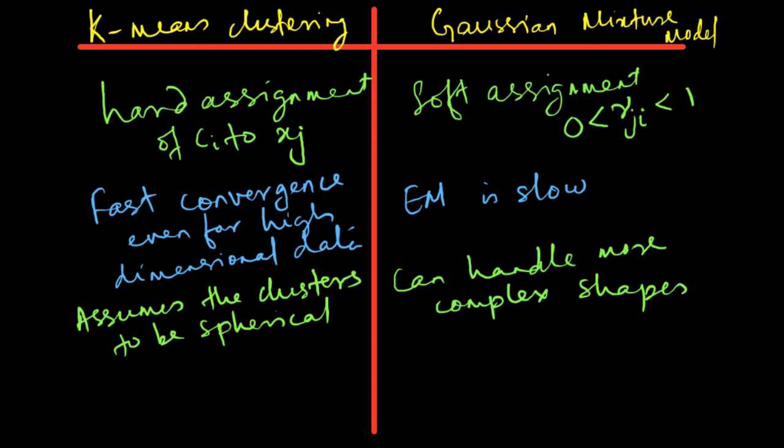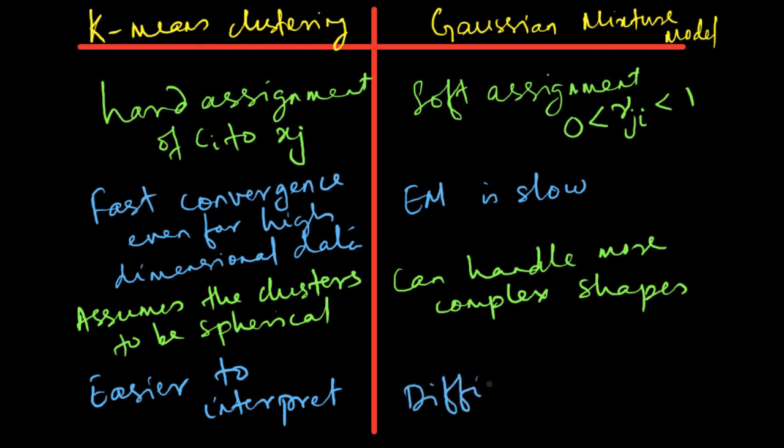And finally, the k-means clustering algorithm is much easier to interpret, meaning that you either say that a point belongs to cluster 1 or cluster 2 or cluster 3, so there is no ambiguity. But here, because you have these gamma values, it can be slightly difficult to interpret.